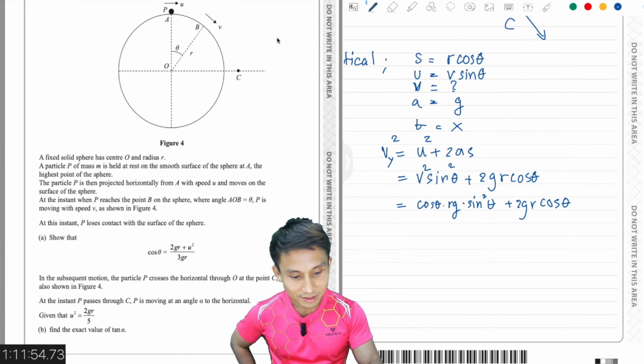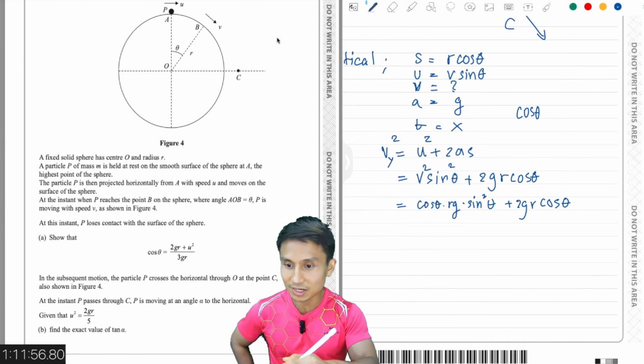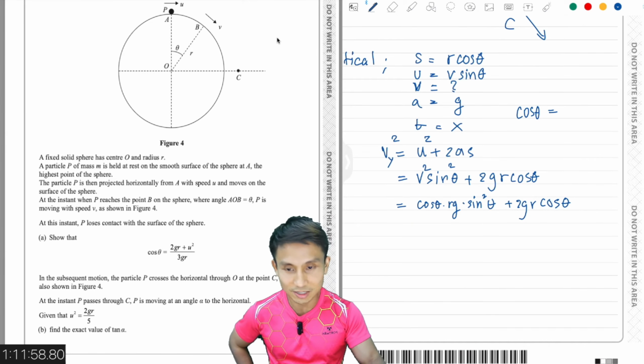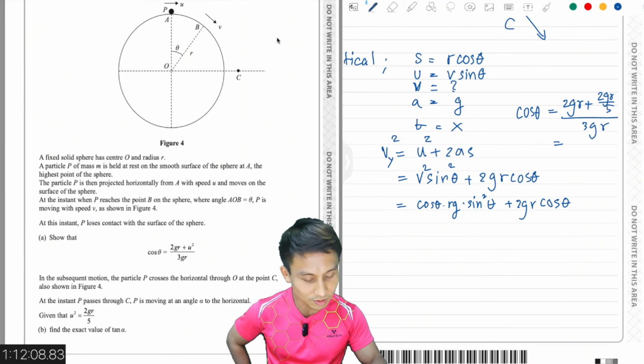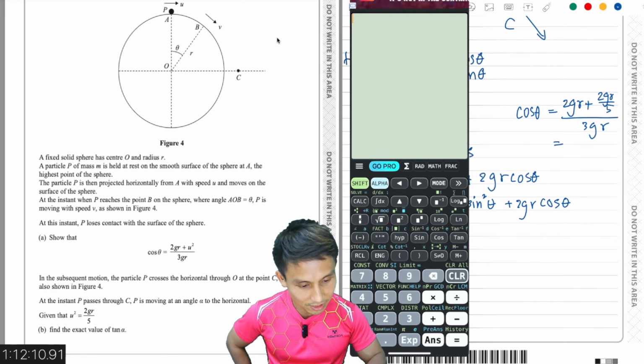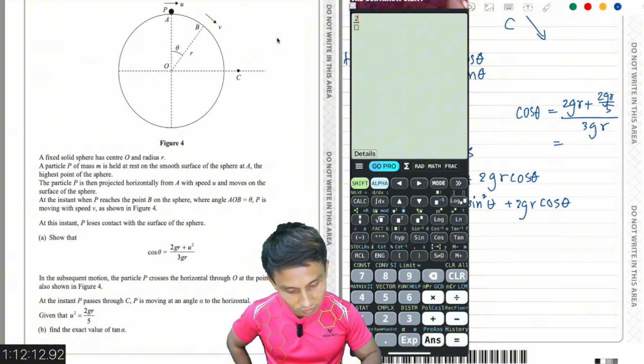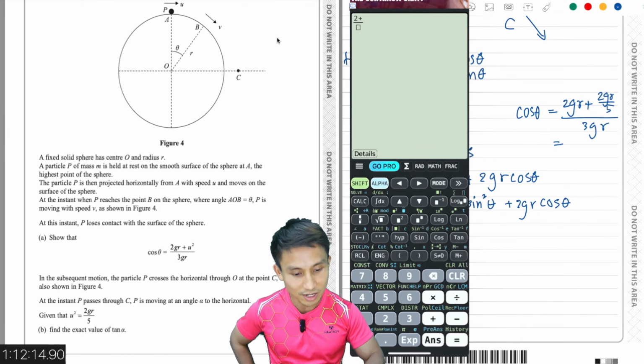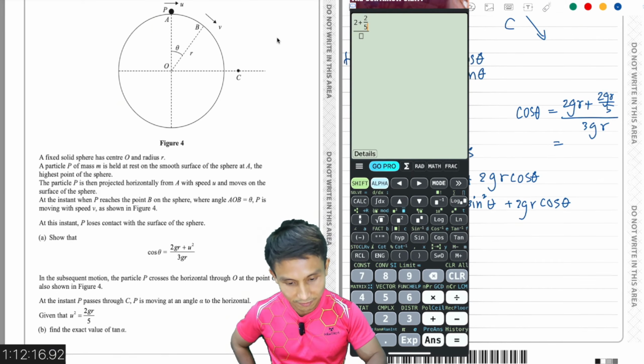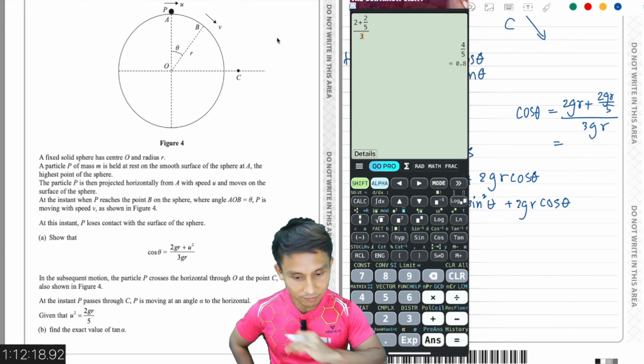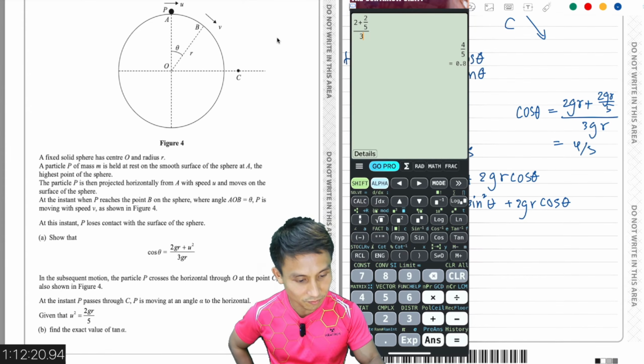From what is given there as U squared, we can put it in here. So cos theta is 2gr over 5, so we plug that in. I'm going to cancel all the gr, so 2 over 5 over 3, which is simply 4 over 5.